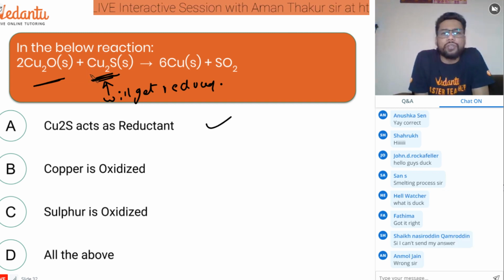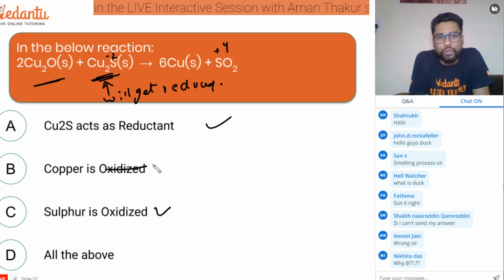Sulfur is oxidized. This is correct. Sulfur goes from -2 to +4. And copper should be reduced.